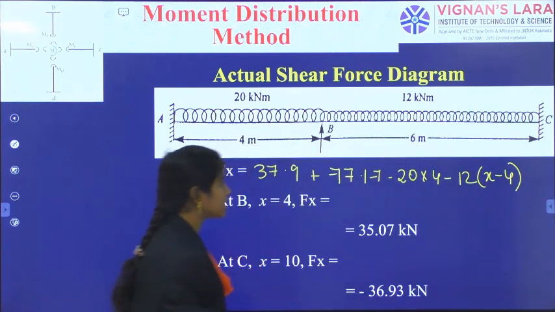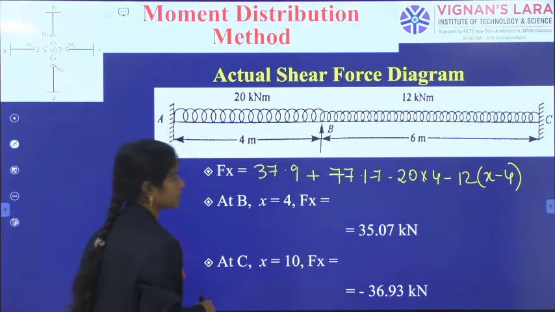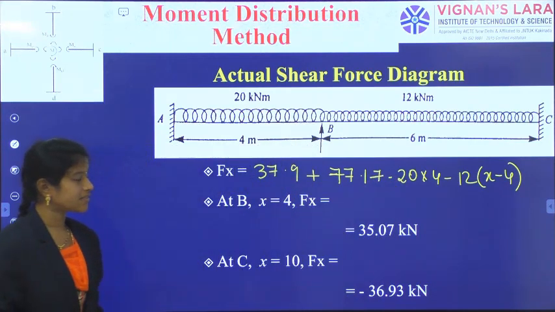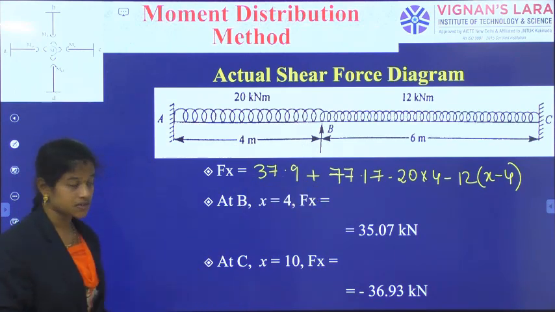So this is the Fx equation we have got: 37.9 plus 77.17 minus 20 into 4 minus 12 into x minus 4.